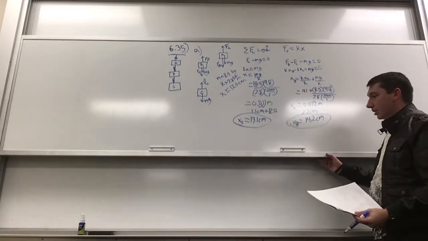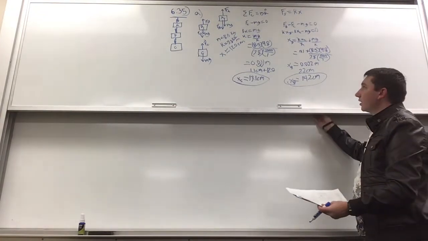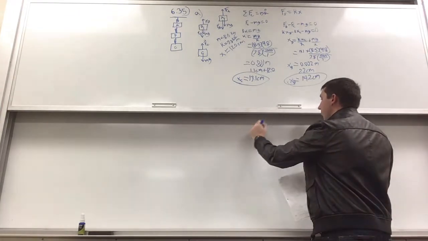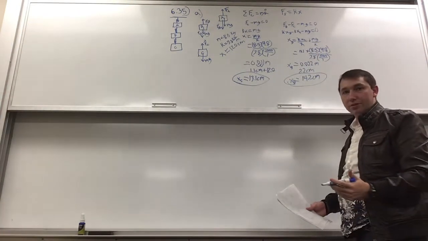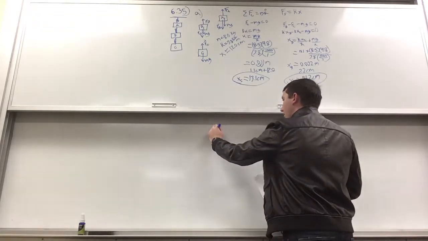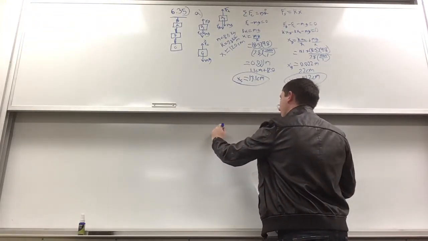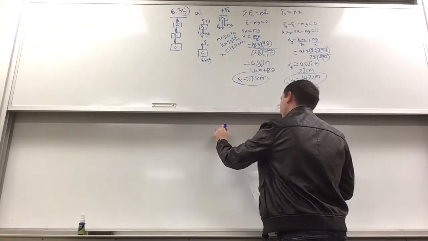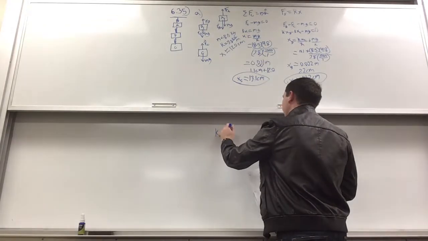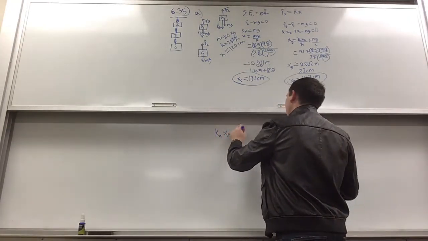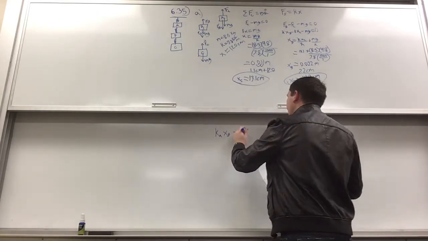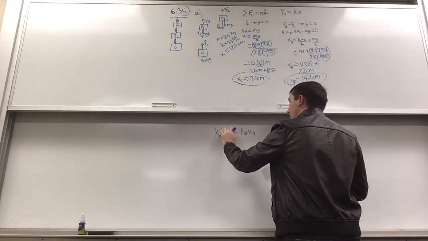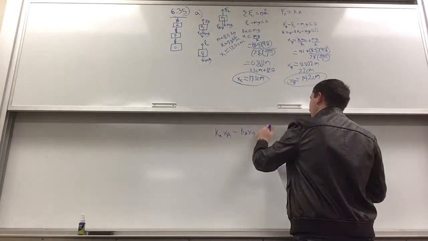So we're then going to do the exact same thing as we did before for spring A. But it's going to resemble what we did for spring B. So we're going to have the spring constant for A times the distance of A, minus the spring constant for B times the distance for B, this should be an A, minus the mass times the gravity.